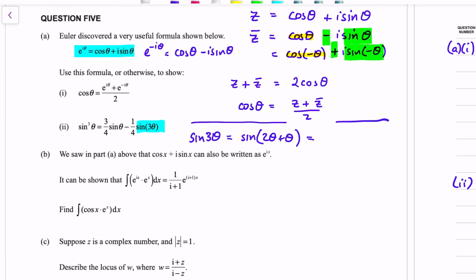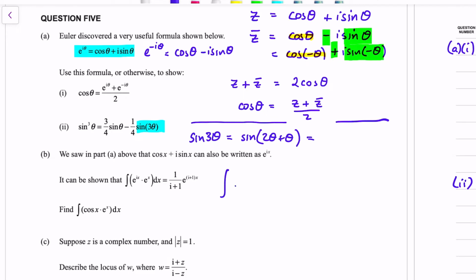Okay, now for the second part of this question, we've got an integral that involves cosine of x. We also have some information about how complex numbers and integrals kind of work. That this integral here works exactly as we'd expect it to.